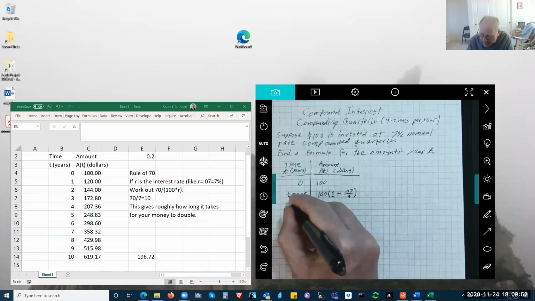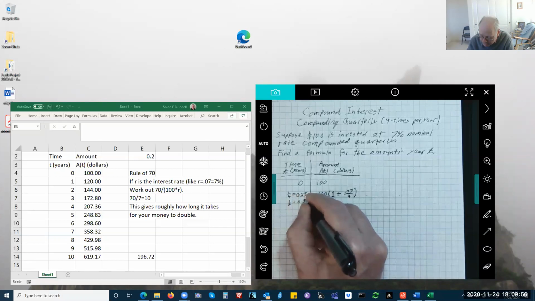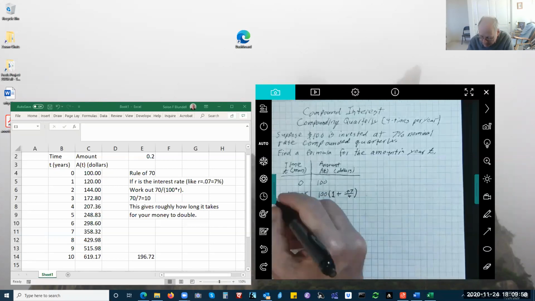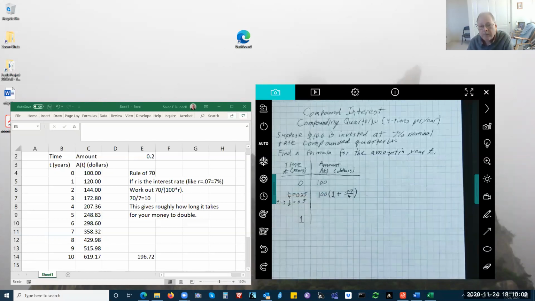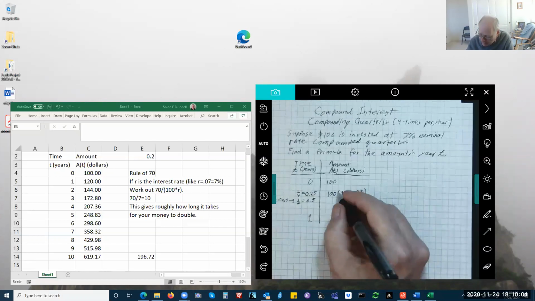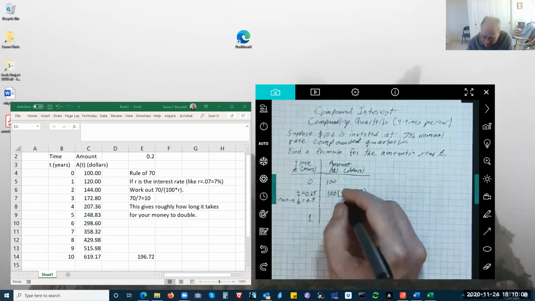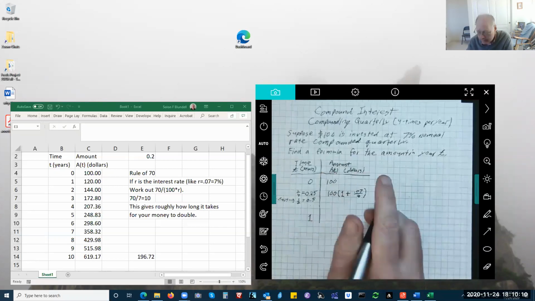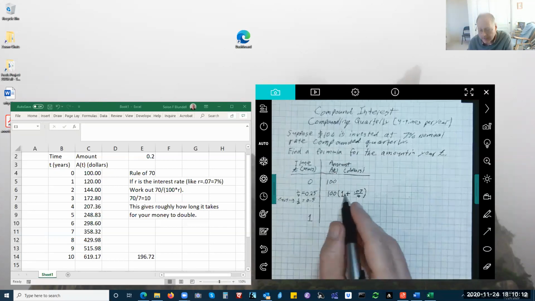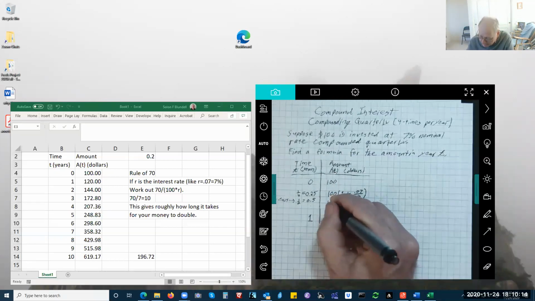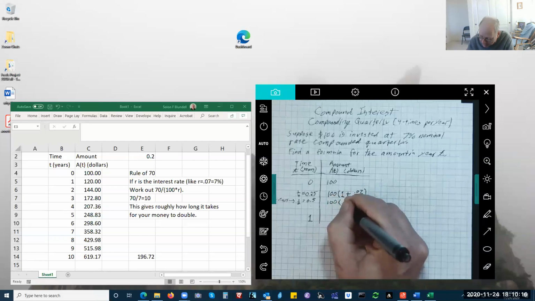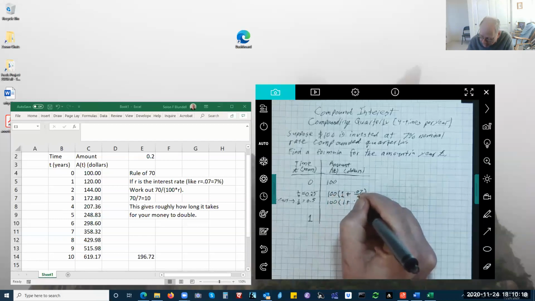And then after half a year, they take what you had in March, they take this whole amount, whatever you get from this arithmetic, and they multiply it by 1.07 over 4.